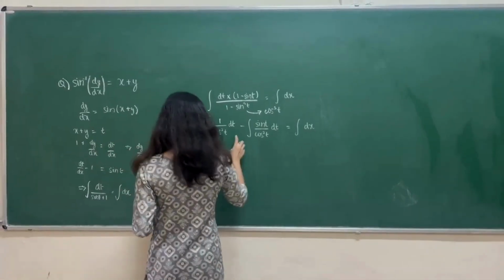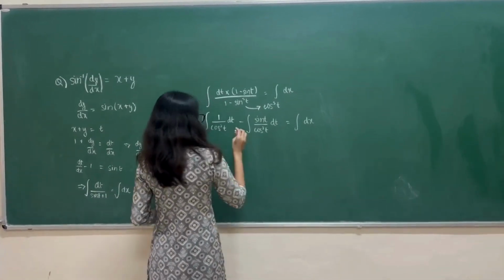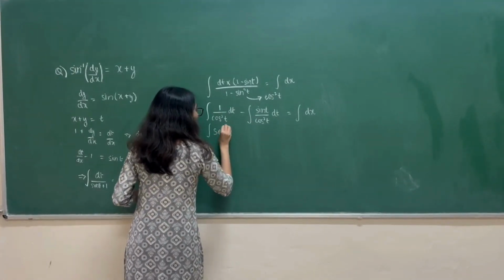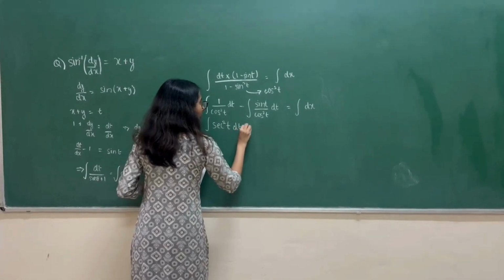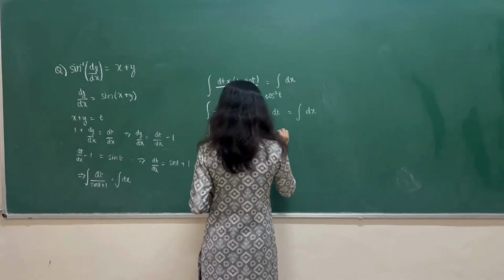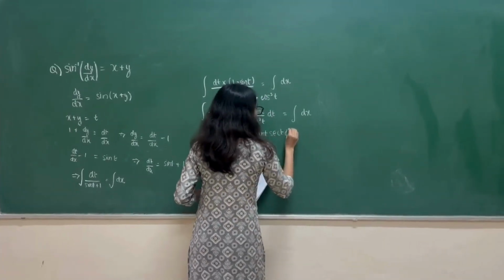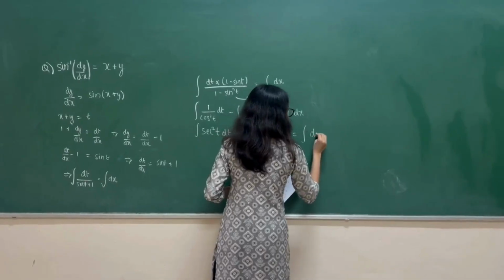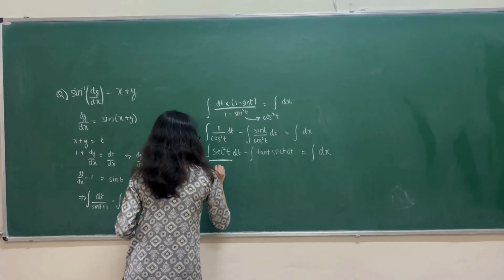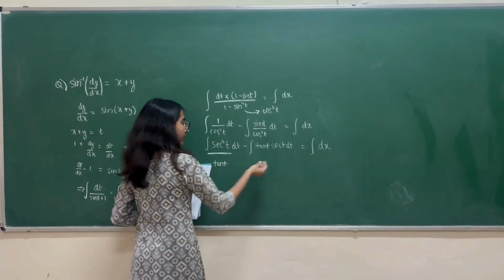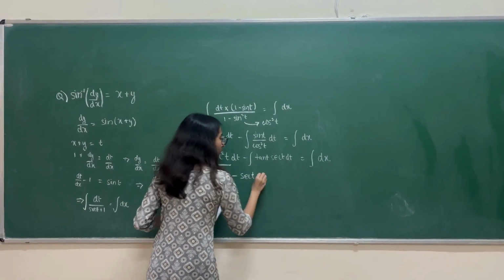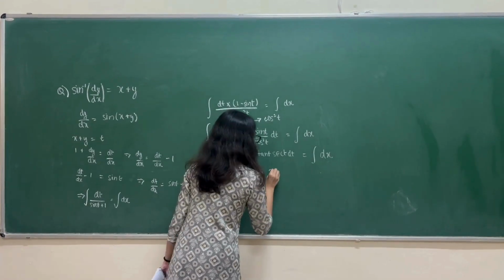It becomes the integral of sec square t dt, and this will become the integral of tan t into sec t dt, is equal to the integral of dx. So the integral of sec square t dt would give us tan t, and the integral of tan t sec t will give us sec t, is equal to the integral of dx, which is x plus c.